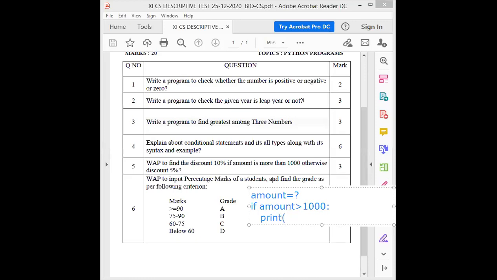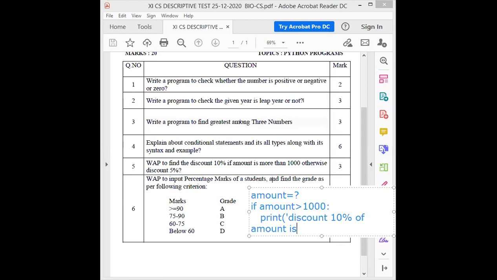So you give like this: discount 10% of amount is, and then you give the value for that discounted amount.